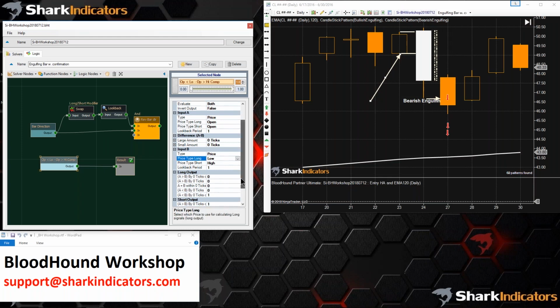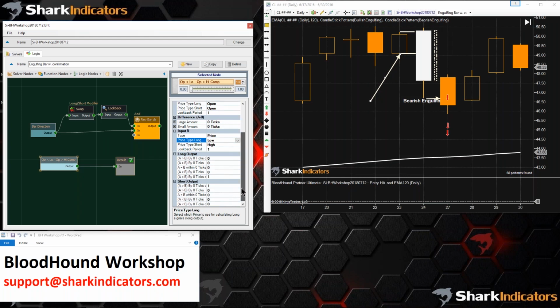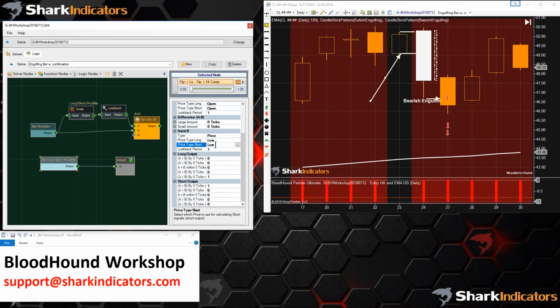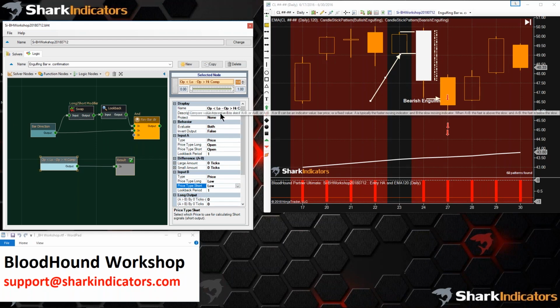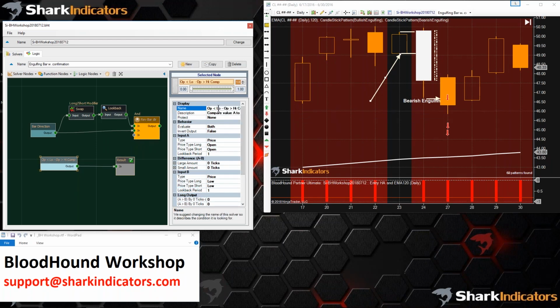And oh, now maybe I got this backwards. Hold on, let me re-evaluate here. Oh, okay, actually I'm going to approach this a different way. Let's just compare the open to the low. So there are multiple ways that you can set up the comparison solvers when you're looking for candlestick patterns here.